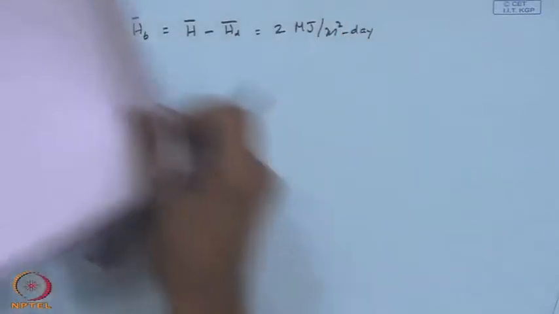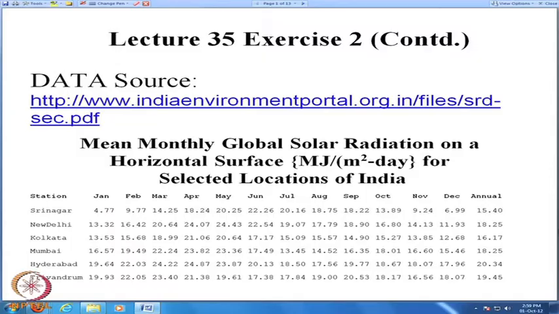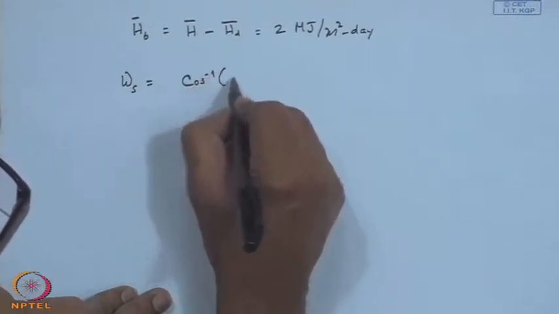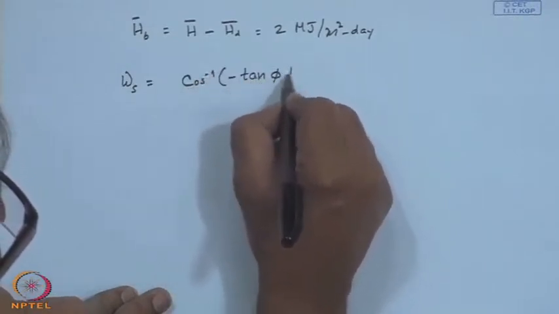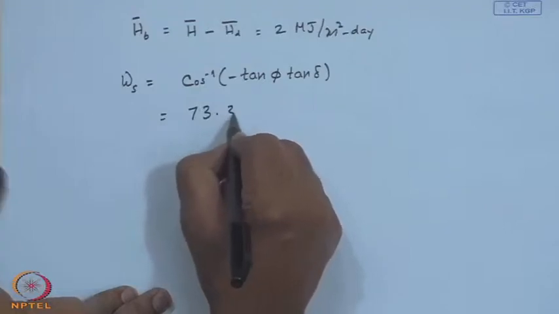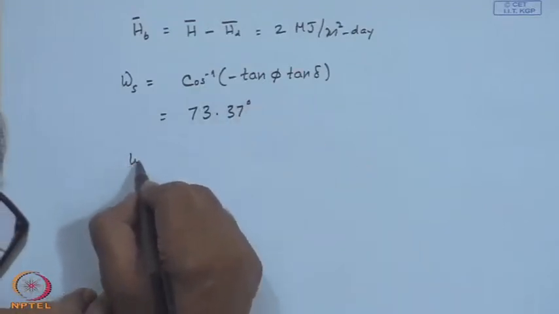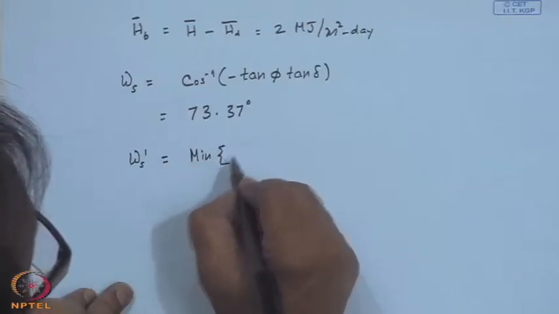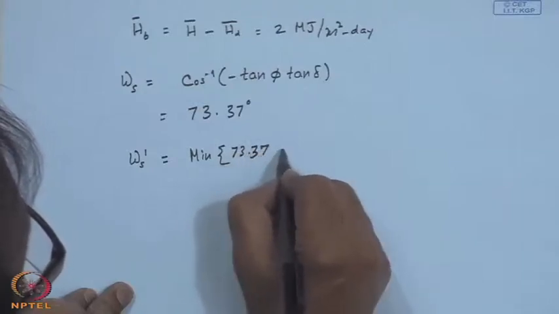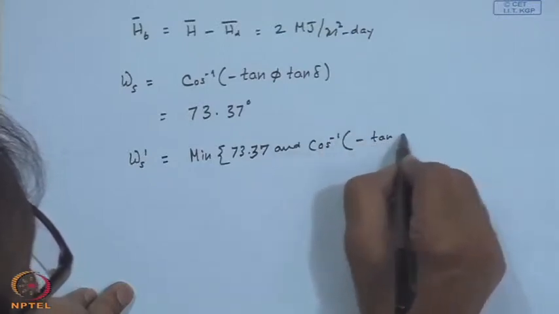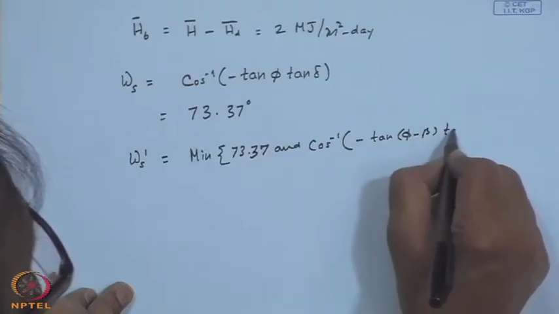So, first our task will be to compute the solar radiation received by the surface, and for that I need the sunset hour angle omega s, which is cos inverse minus tan phi tan delta, which we calculated as 73.37 degrees, and omega s dashed for the tilted surface is the minimum of 73.37 and cosine inverse minus tan phi minus beta tan delta.